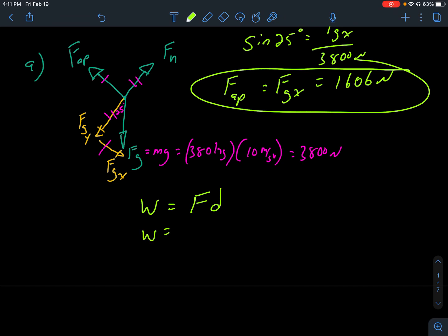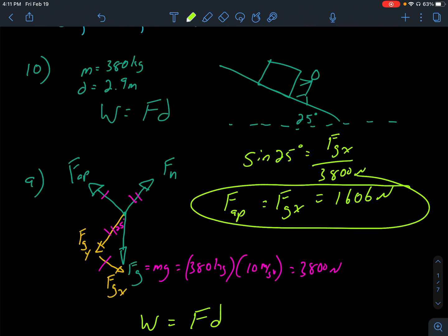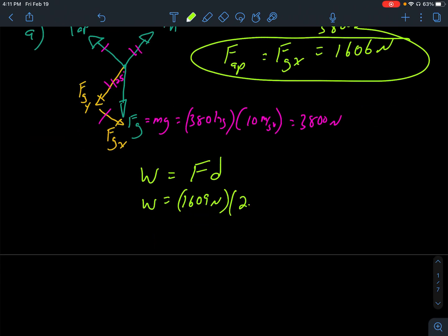So we know the magnitude of this value is going to be the same. We already figured out that was 1609, and this is going to move 2.9 meters. Plugging that in, we get about 4,657.